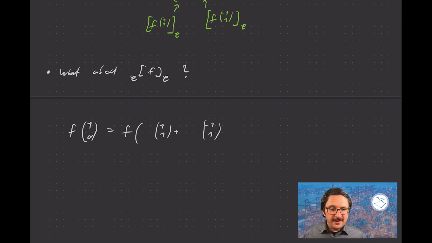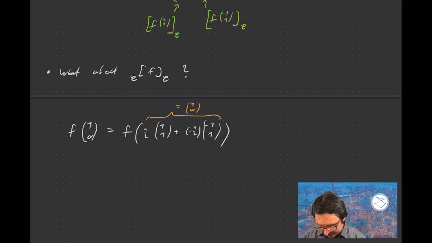So we have to find the linear combination, and we can just use 1/2 and -1/2 here. If you look at that, this is exactly equal to (1, 0). That means the image f of (1, 0) is equal to 1/2 f of (1, 1) plus -1/2 f of (-1, 1).